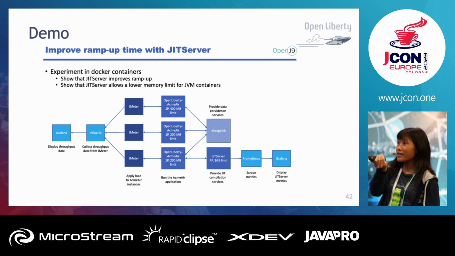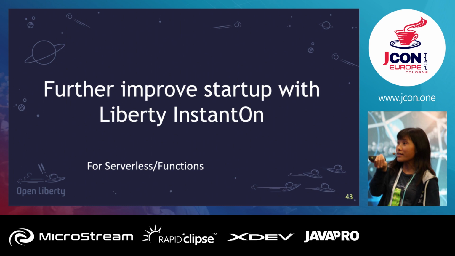And then what are other solutions trying to improve the startup time? Actually, we also have another offering, and hopefully it is already in beta. Currently, you can try it out.